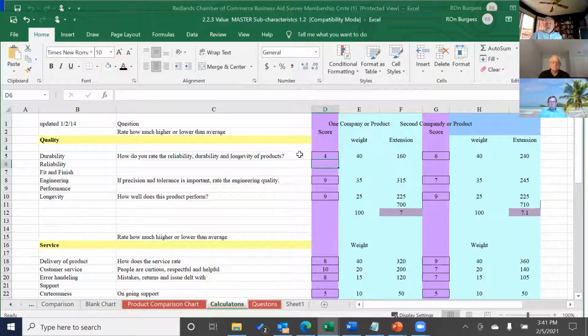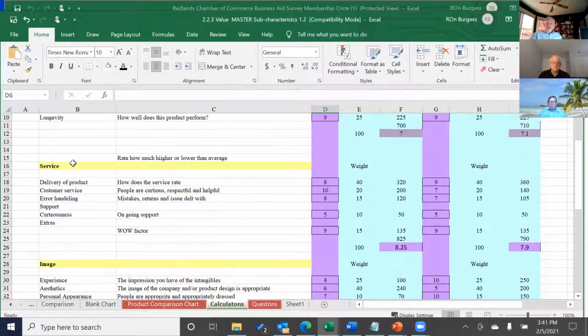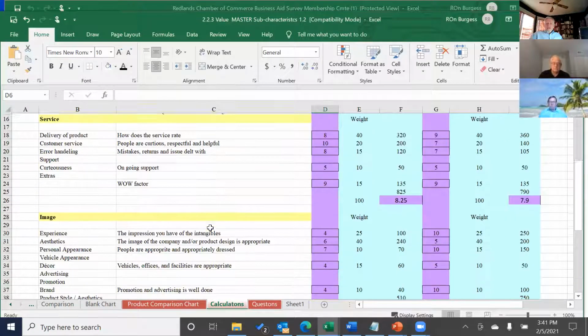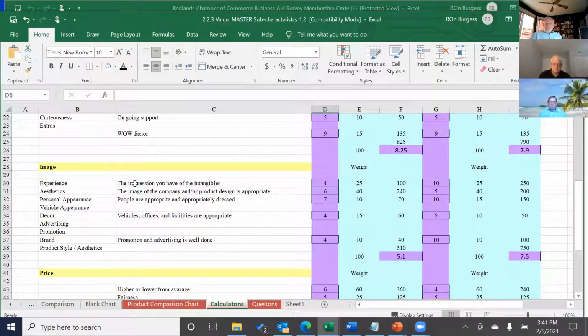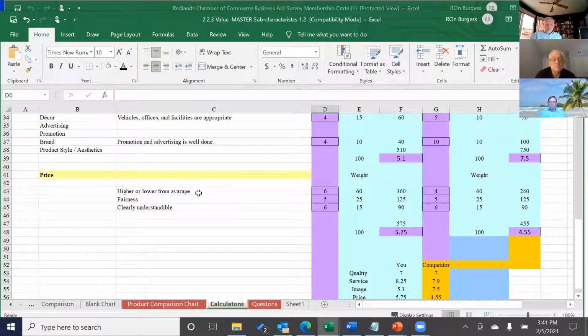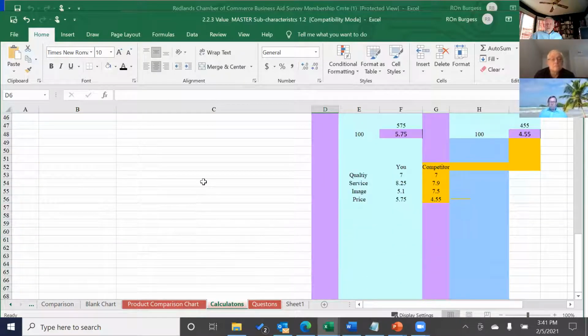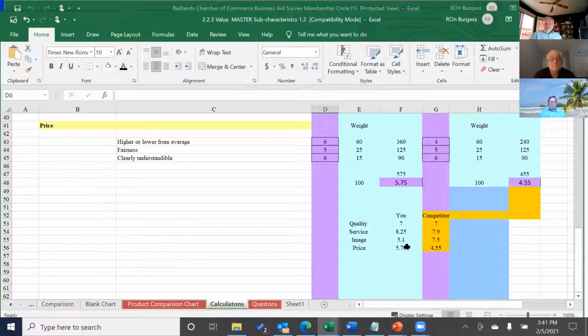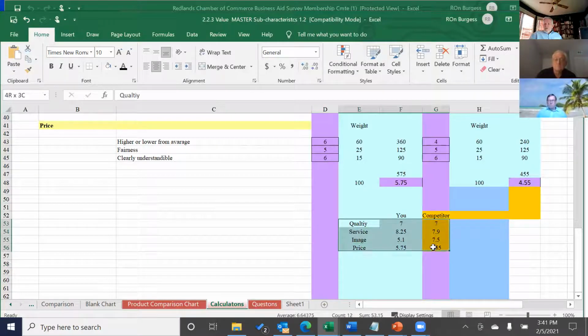And so we've done that for all 4 of the main attributes, and you have the different questions which are specific to the client, and then when you get all the way down to the bottom, the calculations will go through, average these out appropriately, and weight them appropriately, and then you've got your answers down here. And so this is where you end up with the comparison.